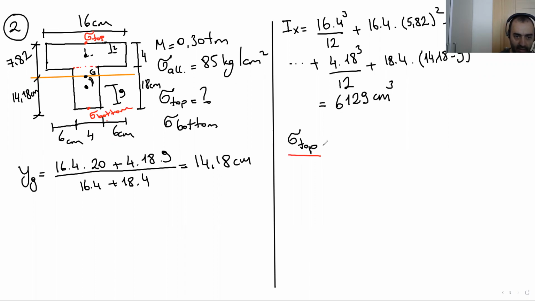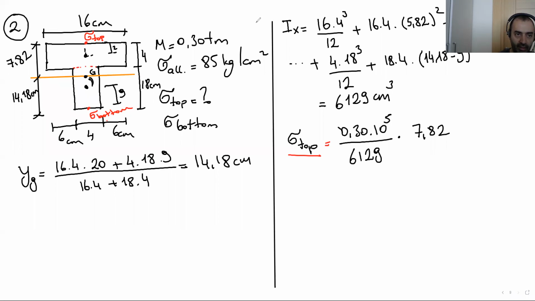Sigma top equals the moment, 0.30 times 10 to the power 5, this is for the unit conversion, over the moment of inertia, and the distance to the top edge, which is 7.82.